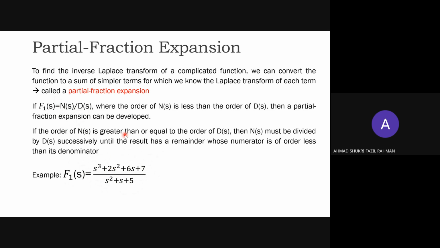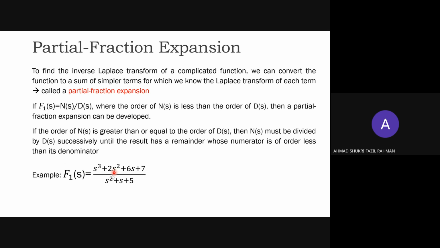Once you have achieved that, we can move on to apply the partial fraction expansion. If the order of the numerator, for example the numerator here goes up to power of 3, so the order is 3, is less than the order of the denominator D(s), then the partial fraction expansion can be developed. However, if the order is higher, as in this one, we need to perform successive division.